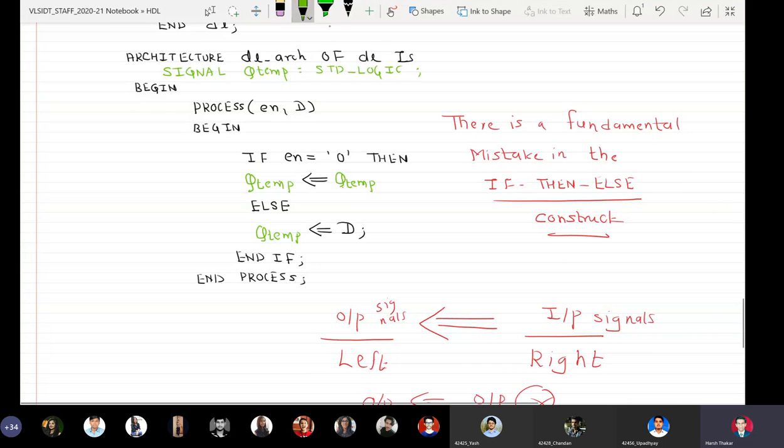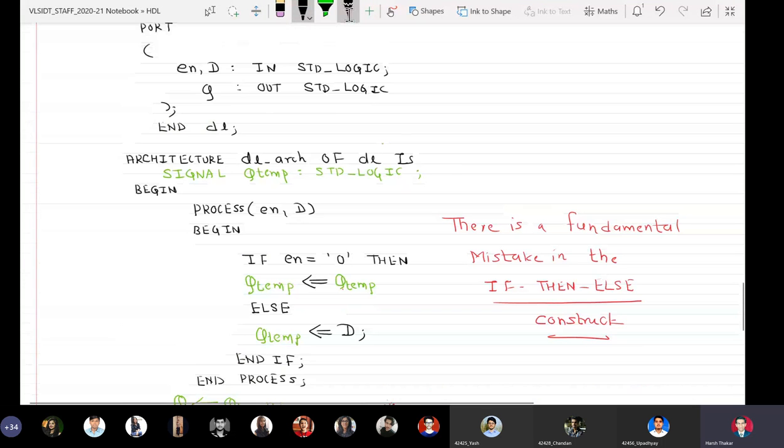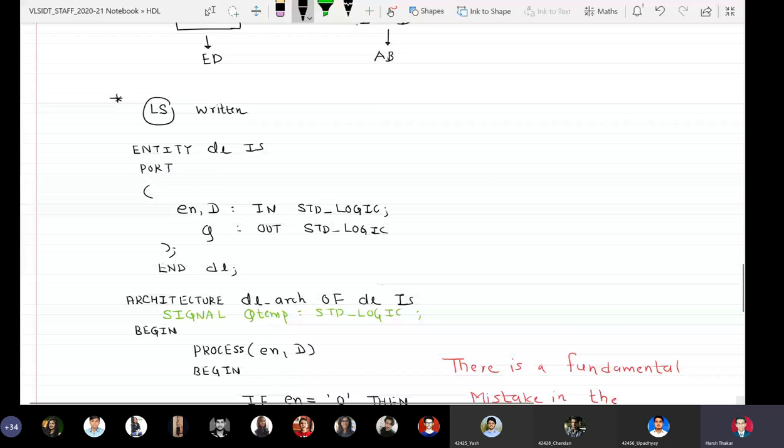After coming out of the process and before exiting the architecture, I will be writing Q is assigned qtemp, semicolon, and then I will say end architecture. This is a new thing which we have learned, especially for sequential systems like D latches, D flip flops, and counters, wherein we have to either have a change of state or no change of state.